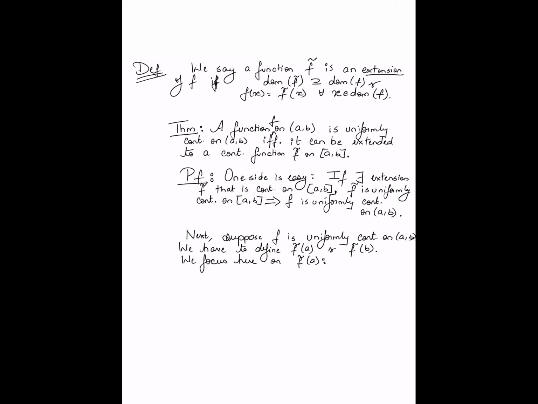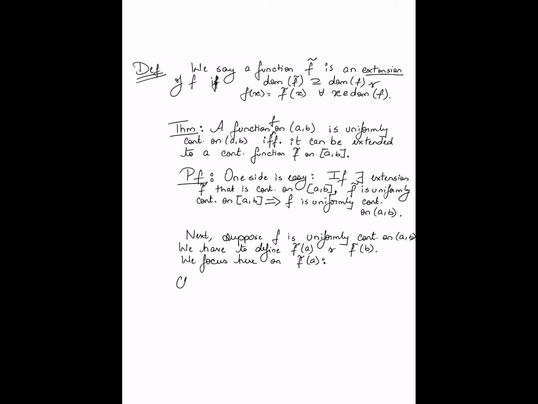Now what is the intuition here? The intuition for defining f tilde A such that f tilde becomes continuous at A is, of course, that f tilde A should be defined as the limit of f as x tends to a. Clearly unless you define f tilde a to be the limit of f as x tends to a, you are not going to get continuity. So one has to argue that such a limit in fact exists and uniquely so.